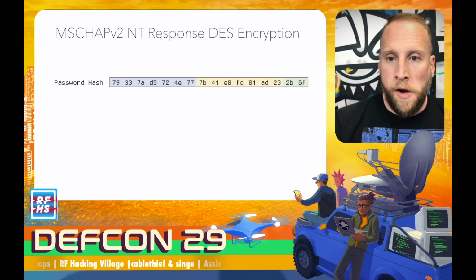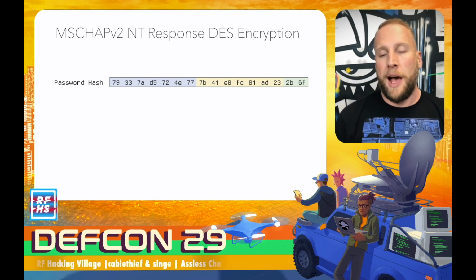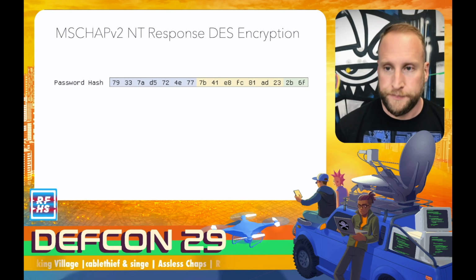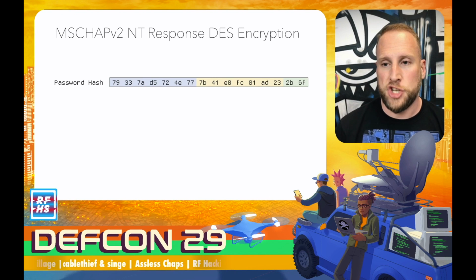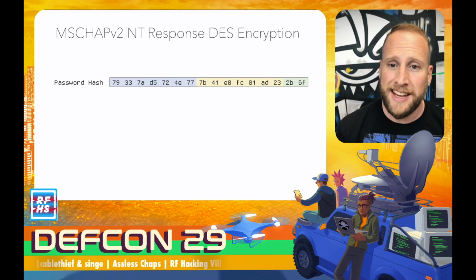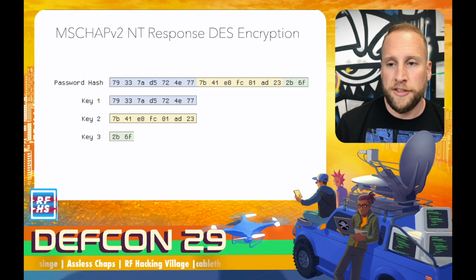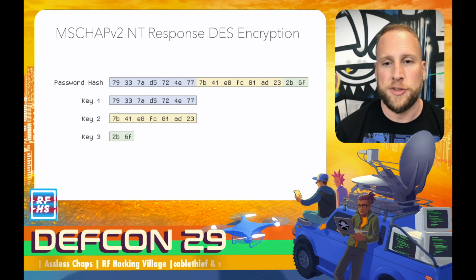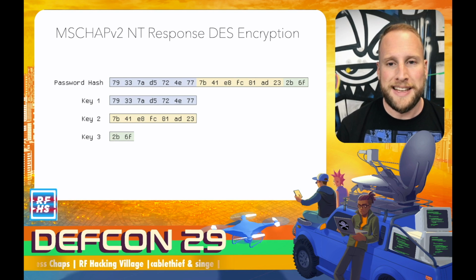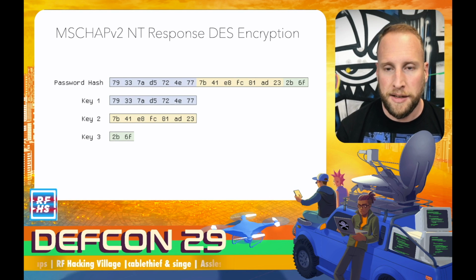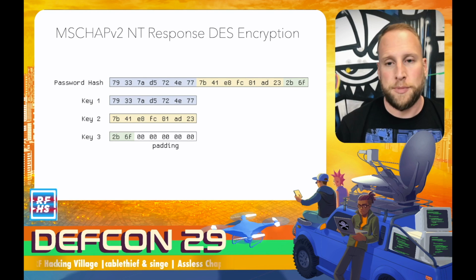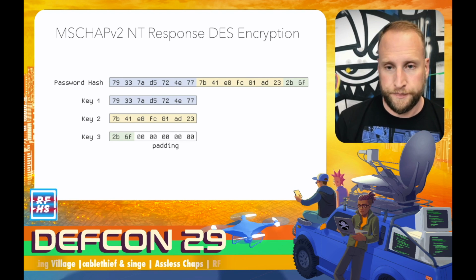Okay, so picking up on the theory from where Michael left off, if the client is generating an NT response, it takes the password hash and splits it into 3 keys. The first 2 keys are the first 7 and second 7 bytes respectively, but then there's only 2 bytes left in the password hash. So the third key isn't long enough, and it gets padded with 5 null bytes.